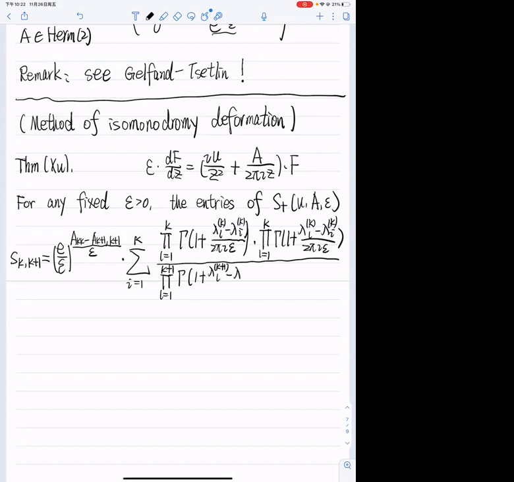I'm going to explain my notation, and I guess Anton or Jeremy used the same notation for these eigenvalue functions: the product from 1 to k minus 1 of gamma of 1 plus lambda_(k-1),l minus lambda_ki over 2 pi iota epsilon. Okay, this is the main part. Furthermore, you should multiply by exponential 2 pi iota phi_ki.